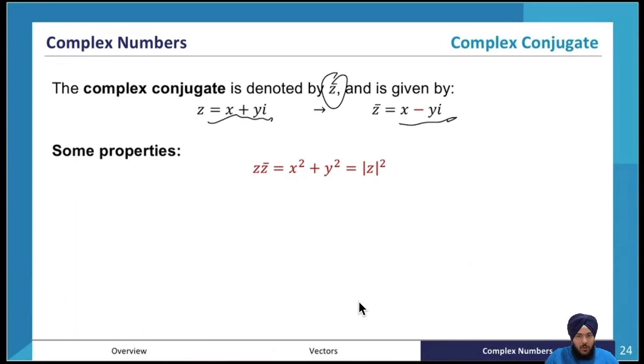Some properties of the conjugate. If you multiply a complex number by its conjugate, what you get is the magnitude of the complex number squared, and I'll show you how to work out the magnitude a bit later on. Another thing is you're not just going to get simple questions like what is the conjugate of this complex number?